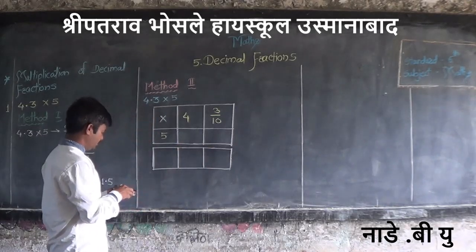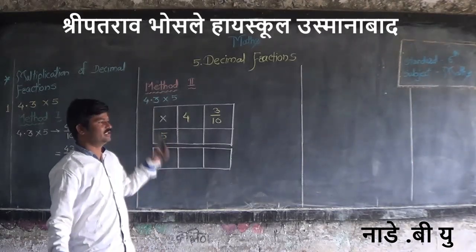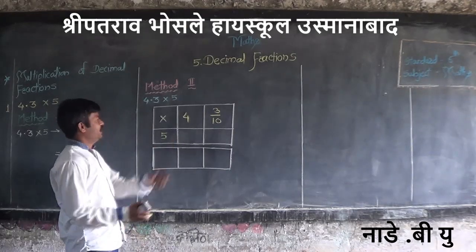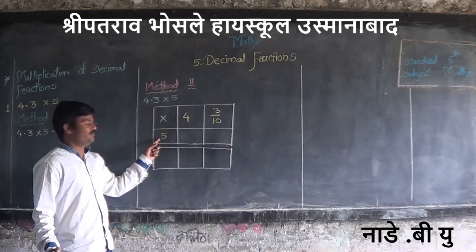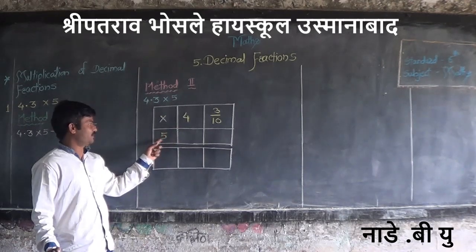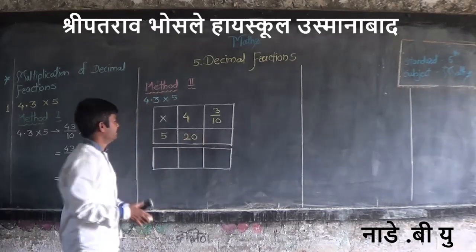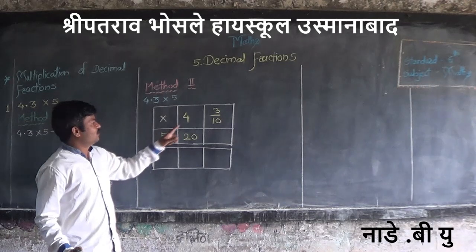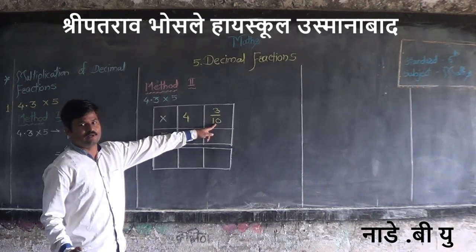Here we write for solving the example. The operation is multiplication. Here 5 is an integer and 4 is an integer. 4 is the multiplicand and 5 is the multiplier. 5 4s are 20. Here we know the denominator is 1, and any number multiplied by 1 is the same number.